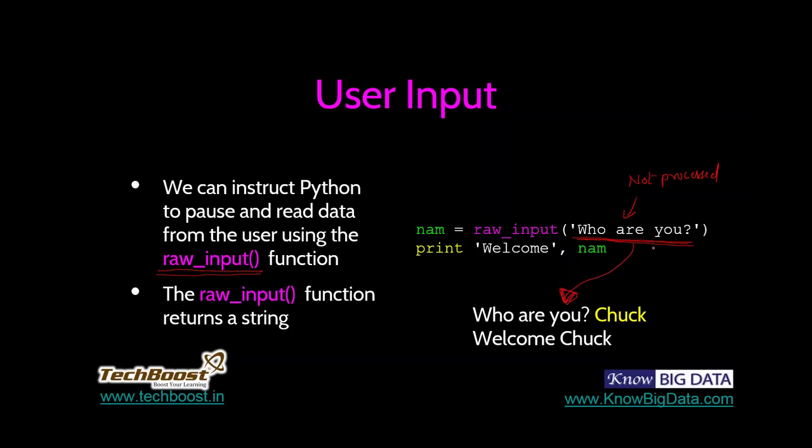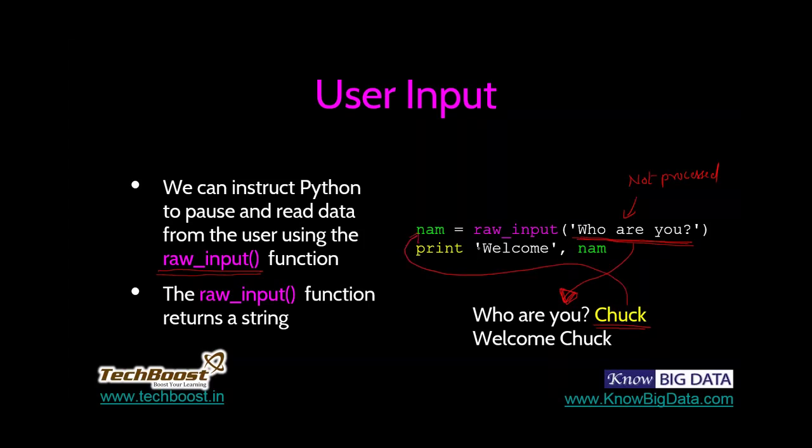The user is asking who are you, asking us the name, and what it returns is this. The raw input function returns a string. So whatever the user has, in the yellow part you can see this is the input from the user, Chuck, right? So this Chuck will go as a string.